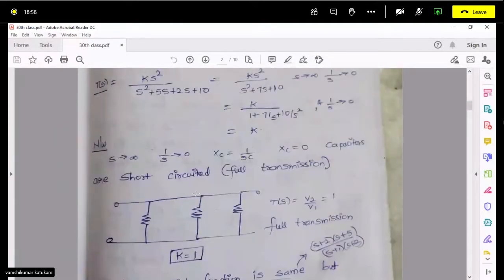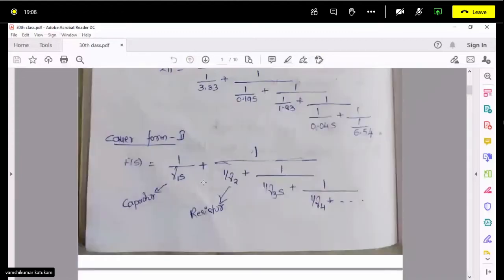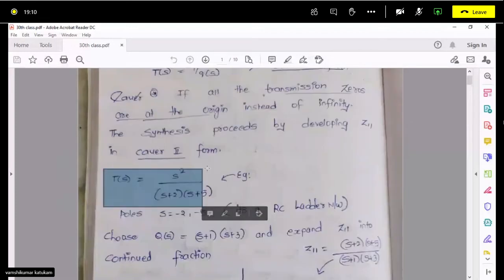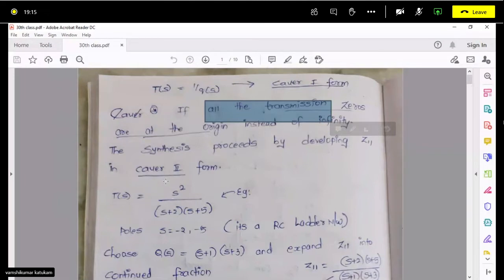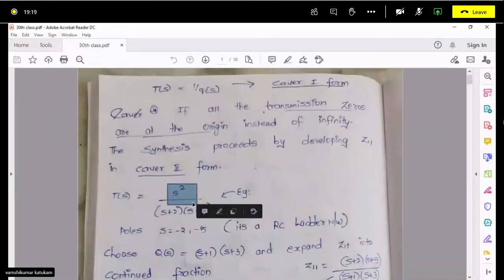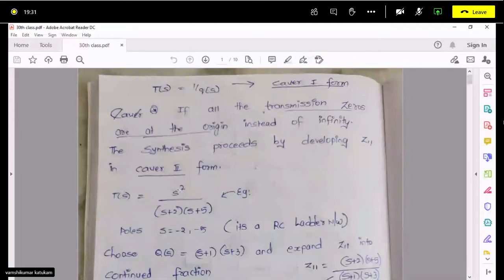So this completes your synthesis of the transfer function in this form, with s square. The point to be noted is that for this transfer function, two zeros are possible, because in the denominator the power is s square, so the numerator should also be maximum s square for a transfer function.